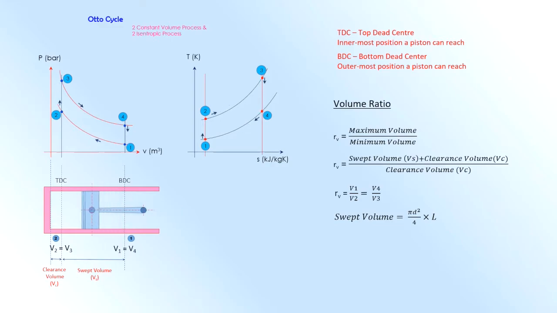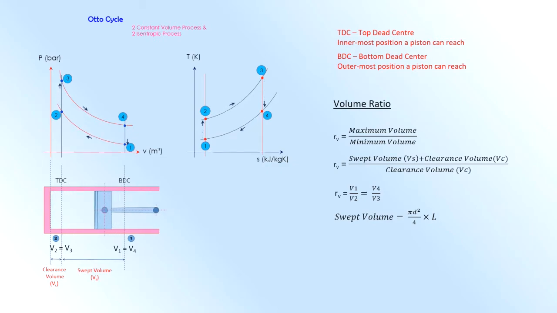The swept volume can be found by applying this formula, which is given as pi d squared over 4 times L, where d represents the diameter of the piston or the bore of the cylinder. L represents the length which the piston travels, the distance which the piston travels forward or backward.